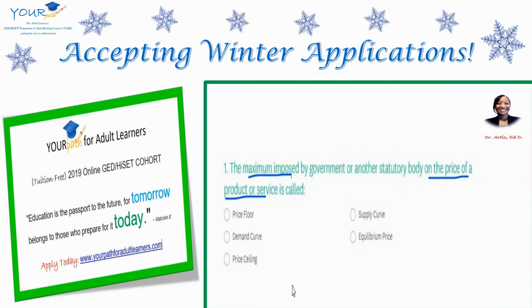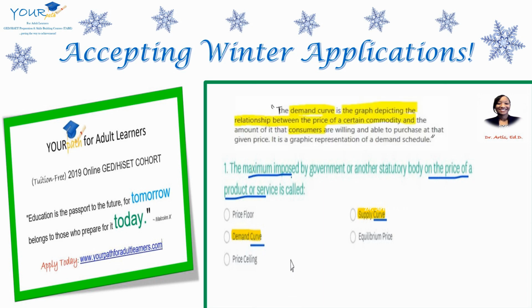Let's look at the 2 terms that do not have the word price popping out at us. Here we have demand curve, and we also have supply curve. You want to take note of the common word among the 2: curve. When we think of a curve, we get an image of a line slightly bending. So these 2 terms are a depiction of the relationship between the price of a product or service and the behavior of the consumer or the producer.